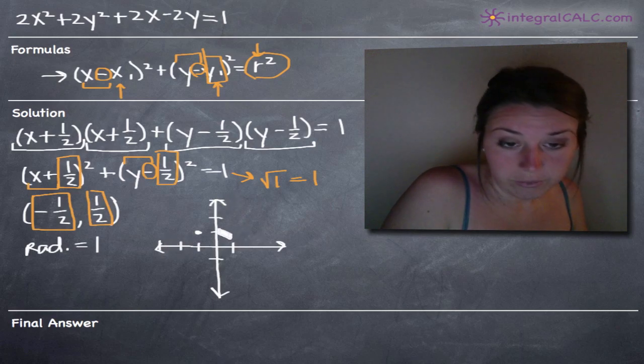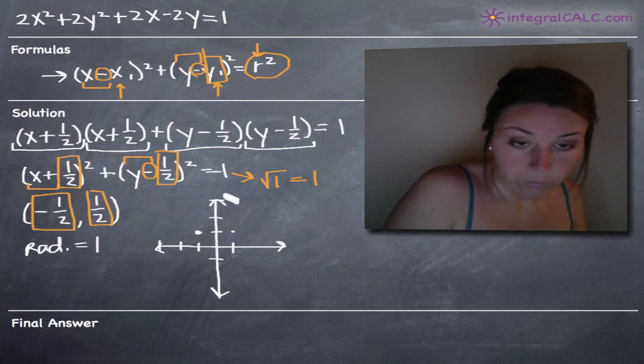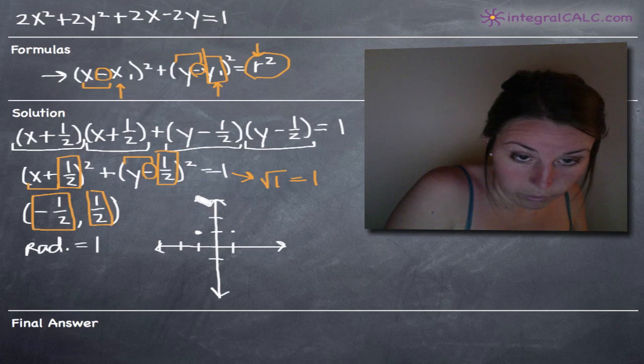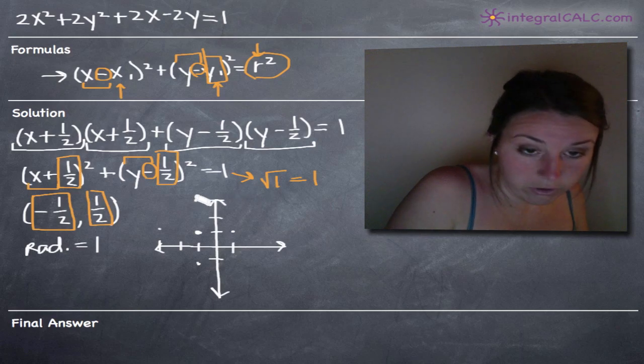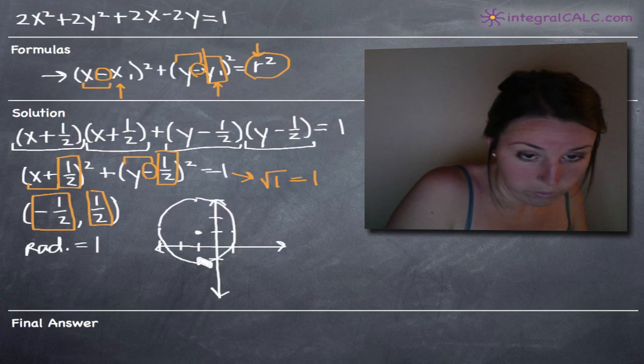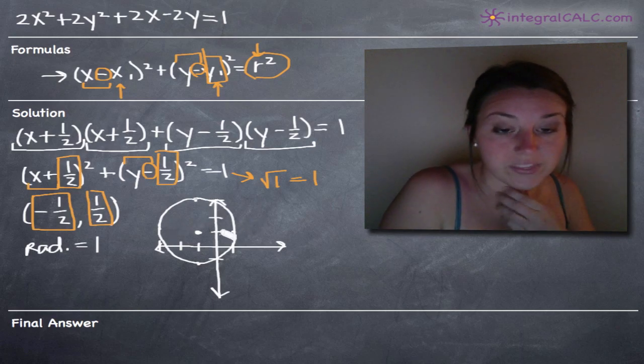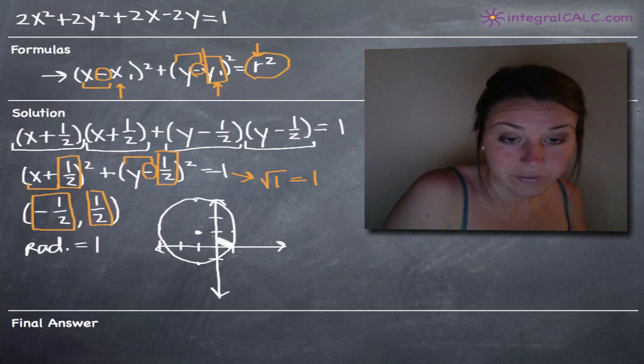So since each increment is 1/2, here's going to be the right-hand boundary of our circle. We're going to move out 2 increments in every direction. 1, 2. So our circle is going to look something like this. If we try to do a good job sketching, which I won't, that's what our circle is going to look like, with its center at negative 1/2, positive 1/2.